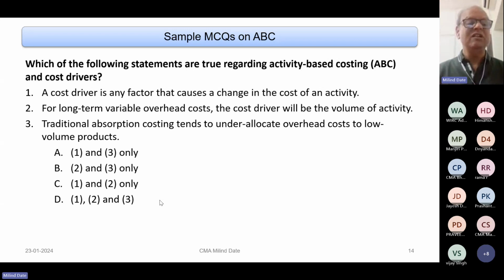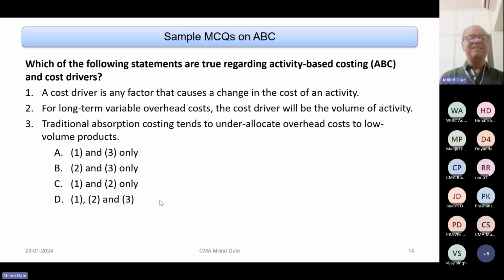Sentence number 3: traditional absorption costing tends to under allocate overhead cost to low volume products. Under allocation, over allocation is possible if it's a highly produced product. You may over allocate a cost.